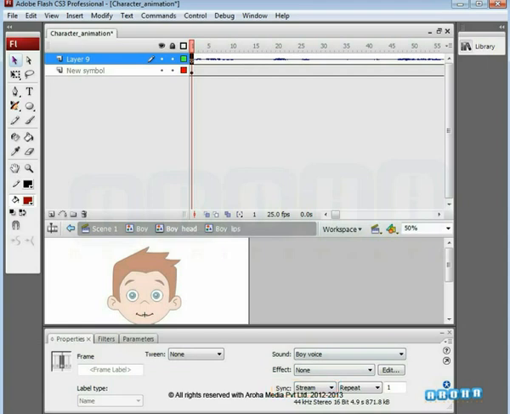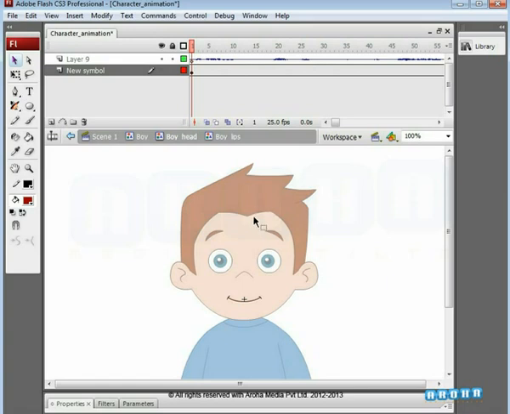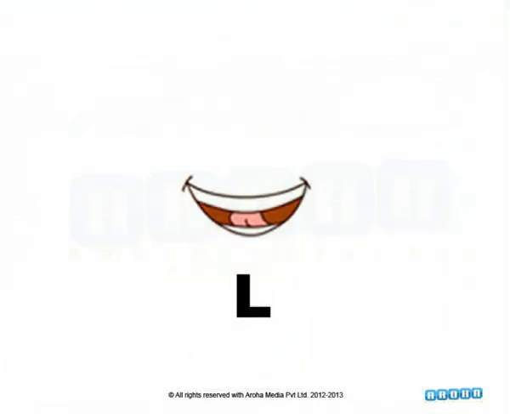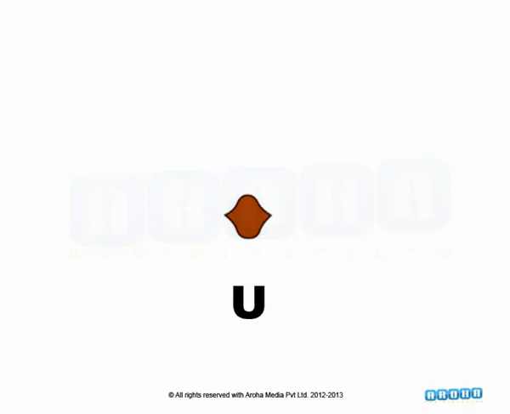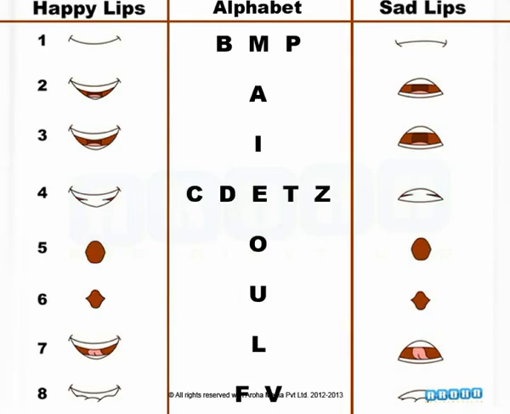Now, let's understand the two main processes that go into lip sync. First, whenever you get the audio clip, listen to it attentively and concentrate on the alphabets like M, L, V, etc. and the vowels like A, E, I, O, and U. It's always a good practice to keep a small notebook handy where you can write down these chief alphabets and vowels in sequence.